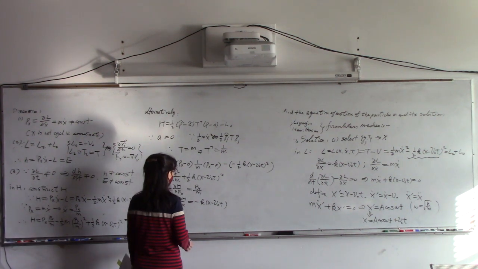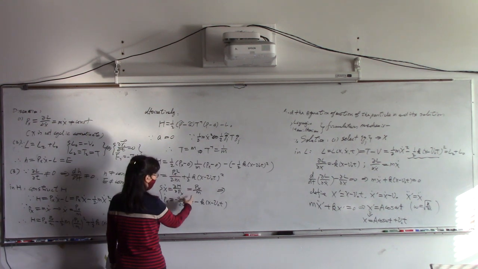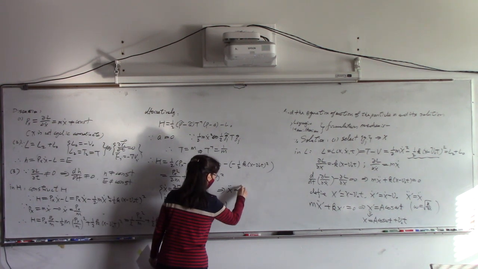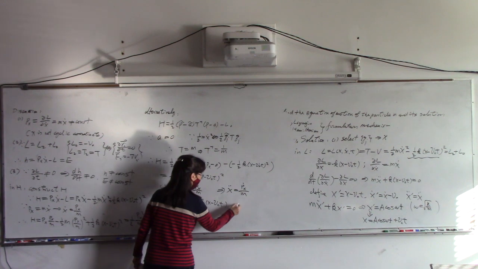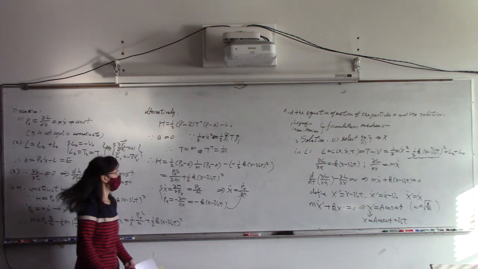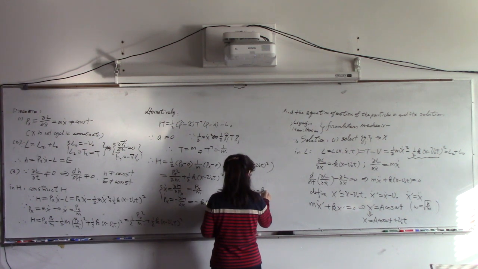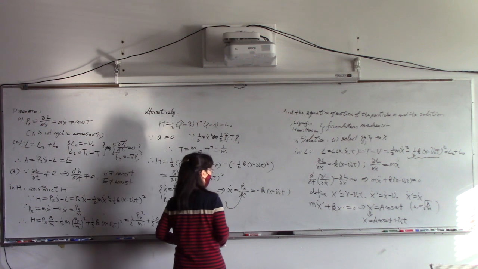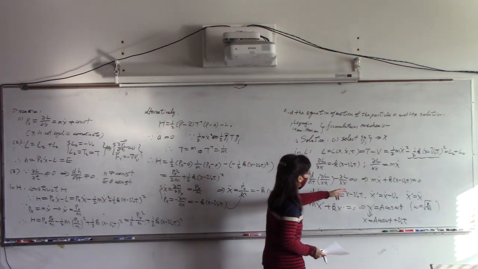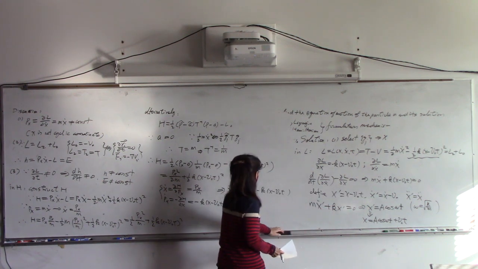Then next step, here I have this, right? So x double dot is Px dot over m. Then Px dot is this one, so I'm going to substitute here. Then you will have minus k (x minus v naught t). You see, same as here. You can move it to the left-hand side, right?